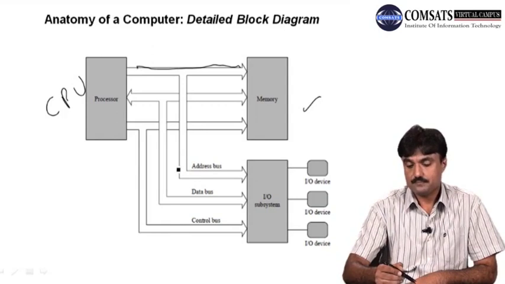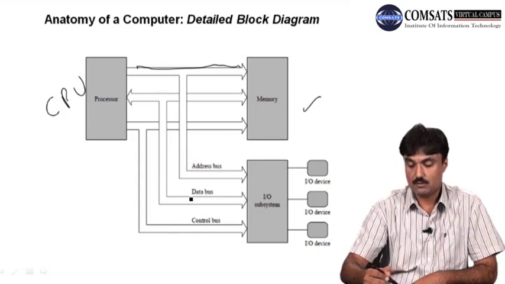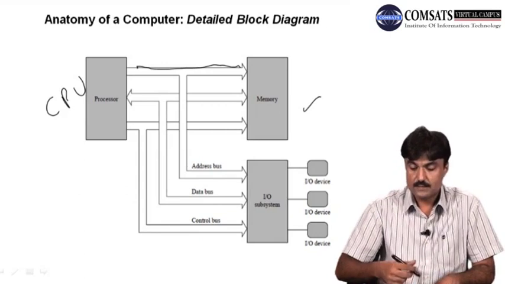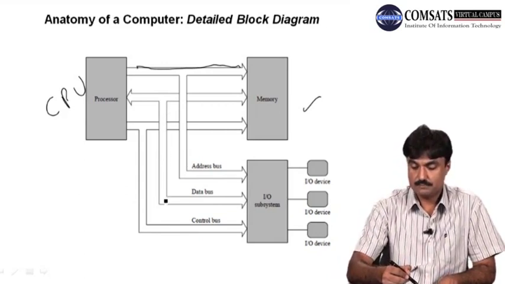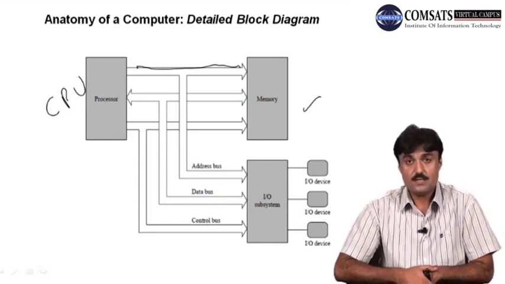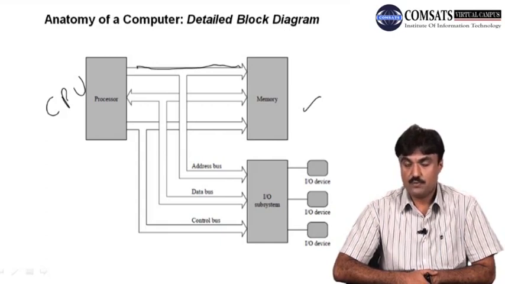The next bus, or conducting line, which carries information or signals, is called the data bus. This data bus carries data between microprocessor, memory and input output devices.